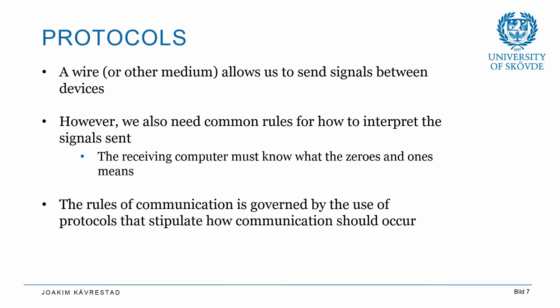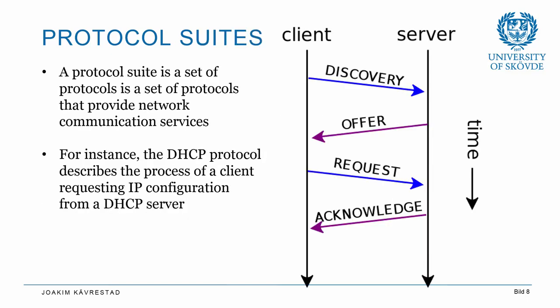So there are a number of different protocols that tell us different parts of how communication should happen over the internet. And we can group those together into something that we call protocol suites. A protocol suite is a set of protocols that provide network communication services. So for instance, one of those protocols is the DHCP protocol that is used to automatically assign IP configuration to clients.